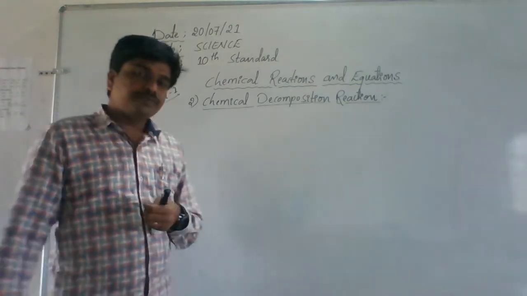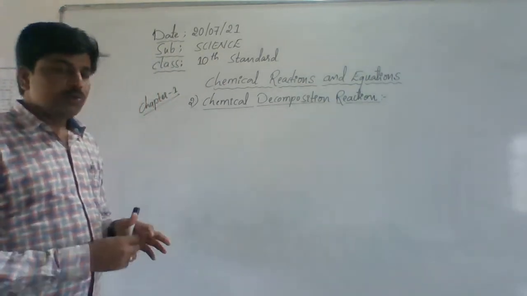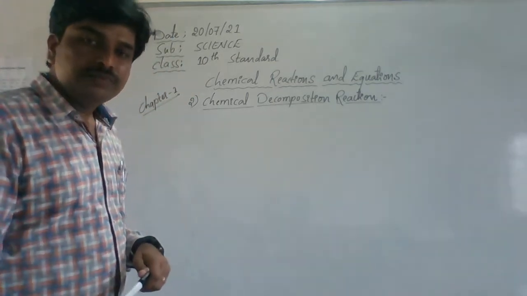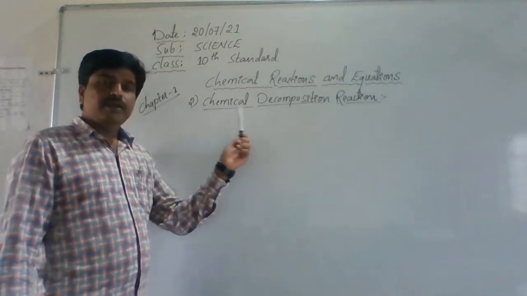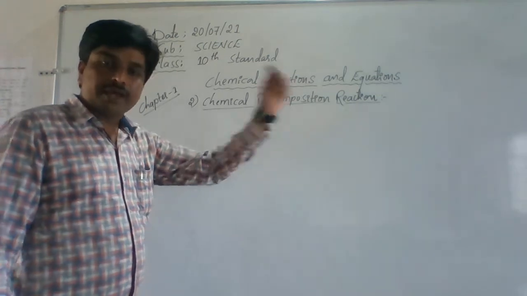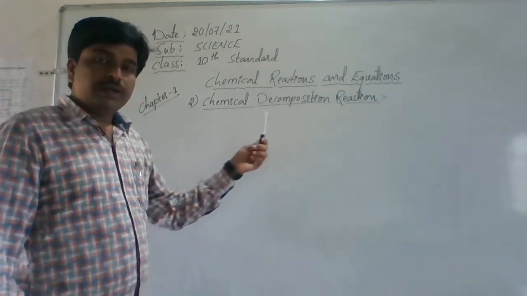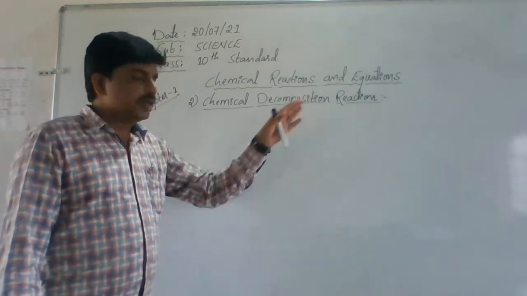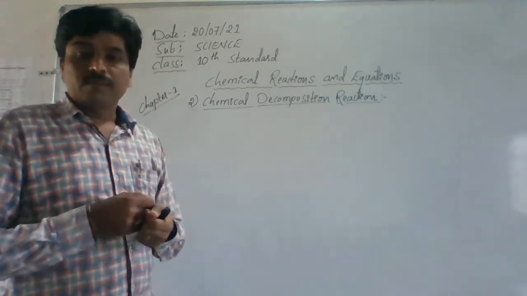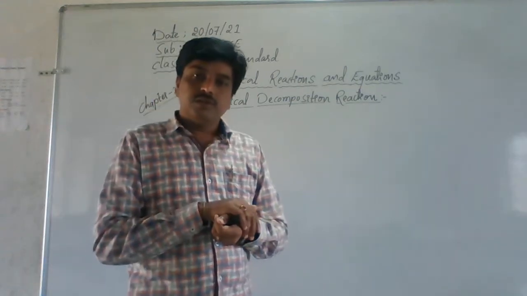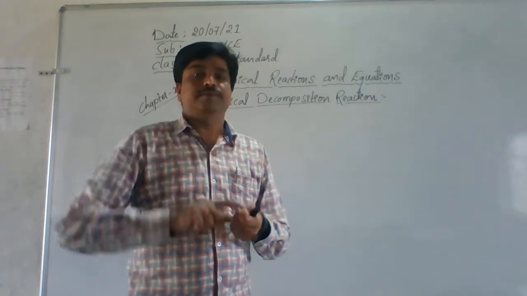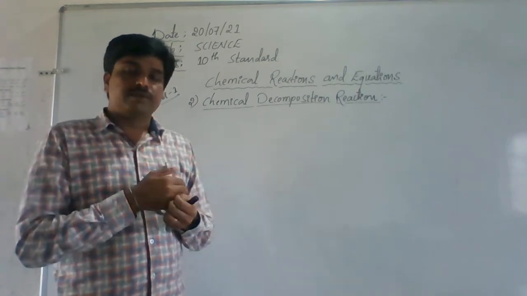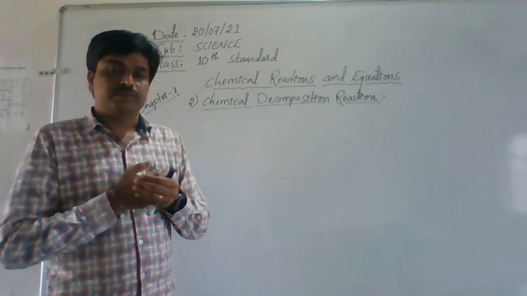So let us come to this class. You are going to learn about the second main chemical reaction, that is chemical decomposition reaction. See, the word is decompose. Combination means two or more reactants combine. In this case, decomposition is there, the opposite of combination.